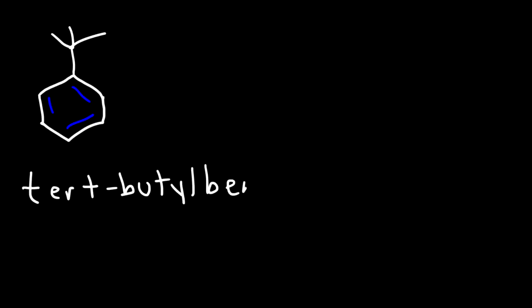So here we have a tert-butyl group attached to a benzene ring. And so this is going to be called tert-butylbenzene. Now what if we have a benzene ring attached to a sulfur atom that has 2 double bonded oxygen atoms attached to it and an OH group?